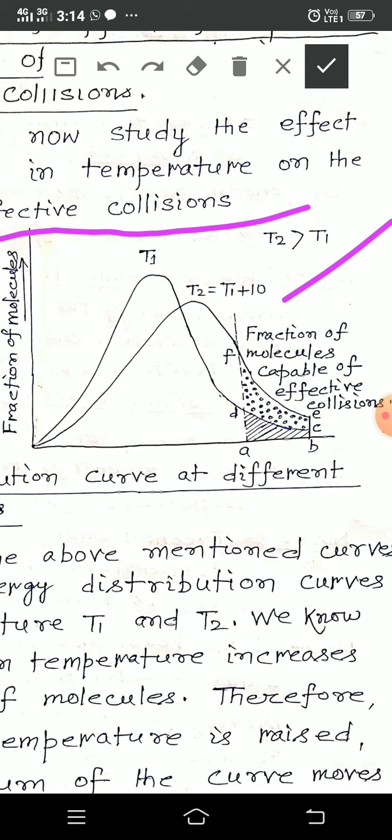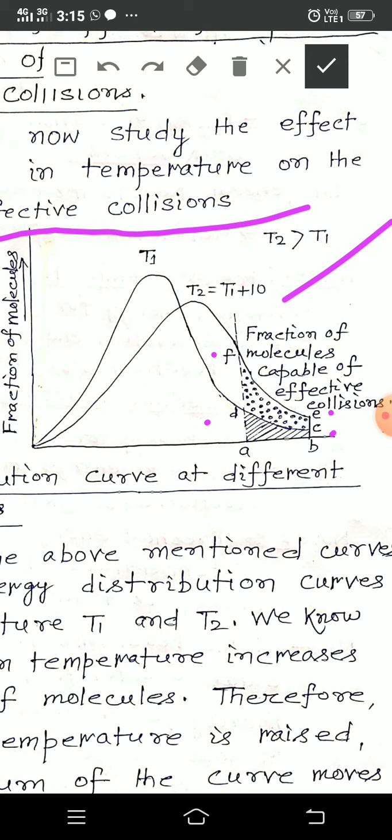This FDCE shows that the fraction of molecules increased when the temperature of the reactants is raised by 10 degrees, and ADCB is the fraction of molecules before increasing the temperature.